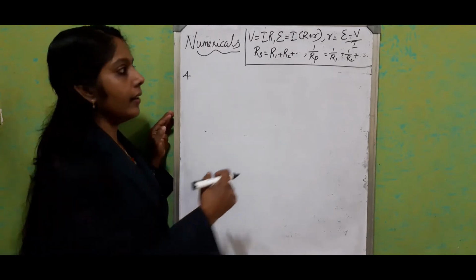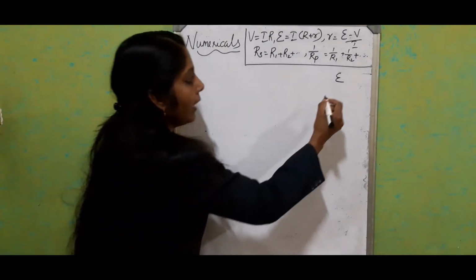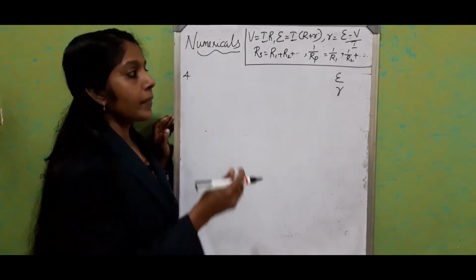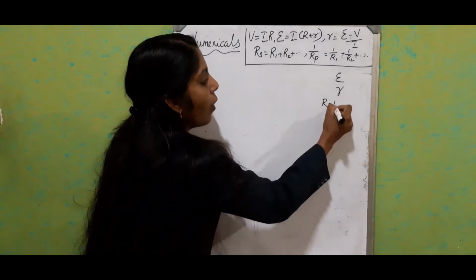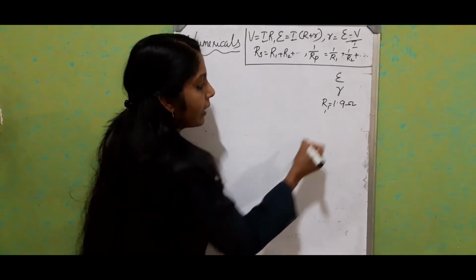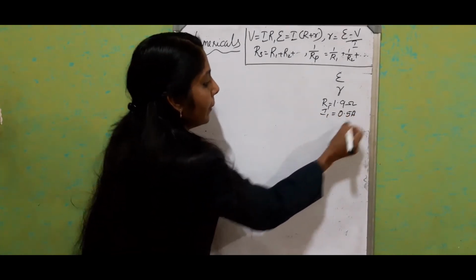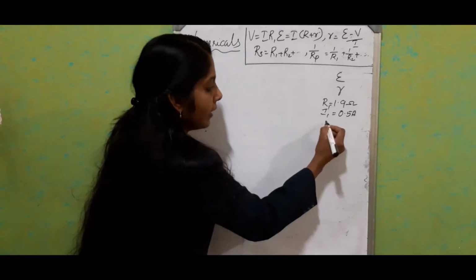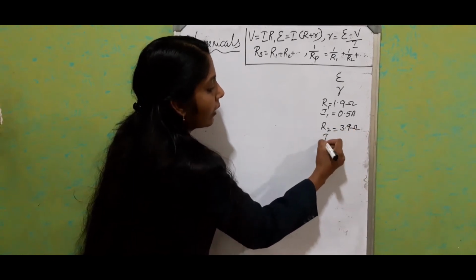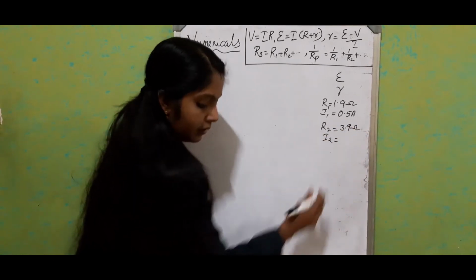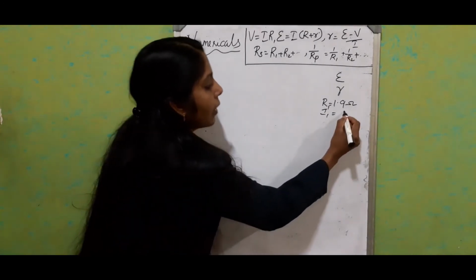In the fourth question, a cell with an E.M.F epsilon, the value is not given, and an internal resistance is connected. When this is connected with an external resistance of 1.9 ohm, I am marking it as R1, the current drawn in the circuit is 1 ampere.